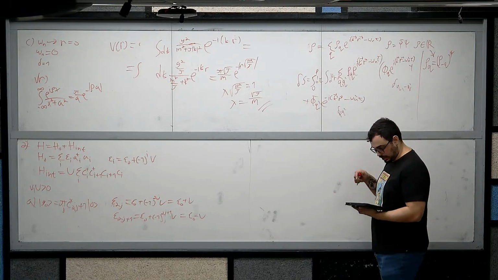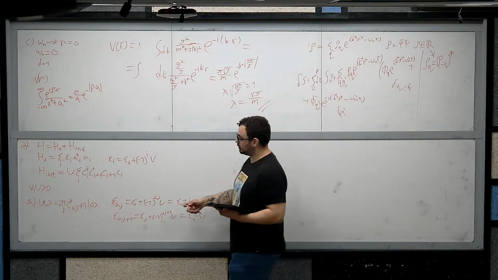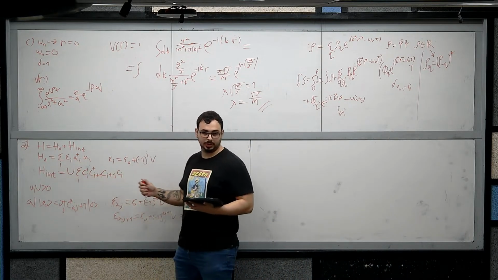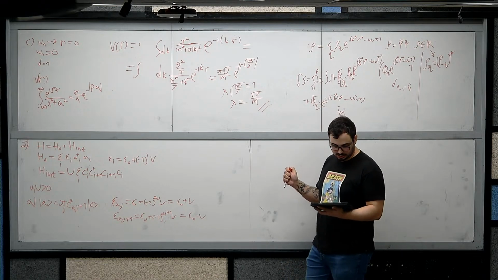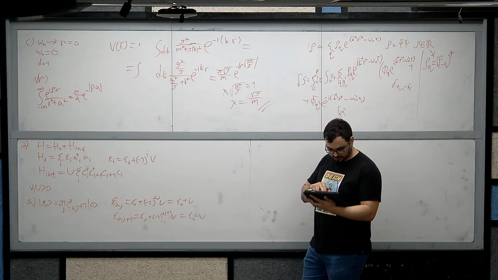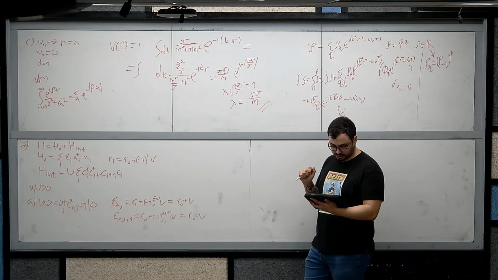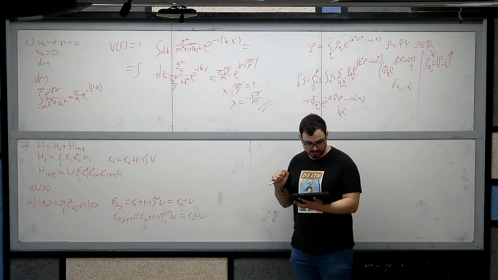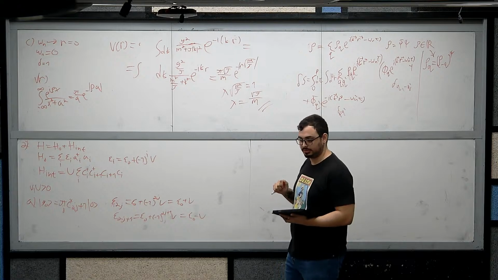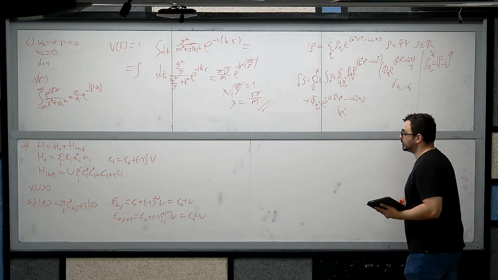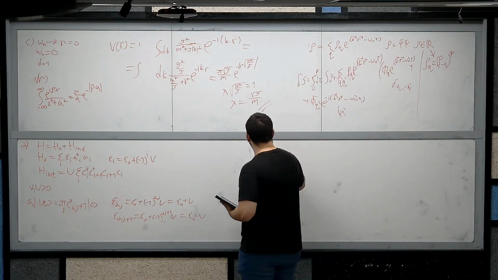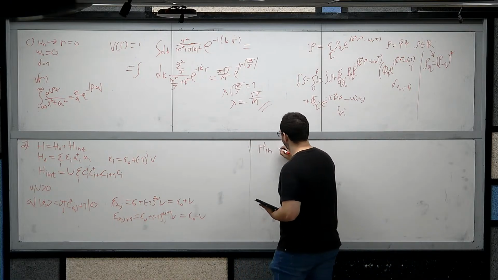Alright. Next, they want us to take the interaction term, open it using a Hartree-Fock approximation, and show that the Fock term vanishes and the direct term adds a constant correction to epsilon. So let me just write here again the interaction term.